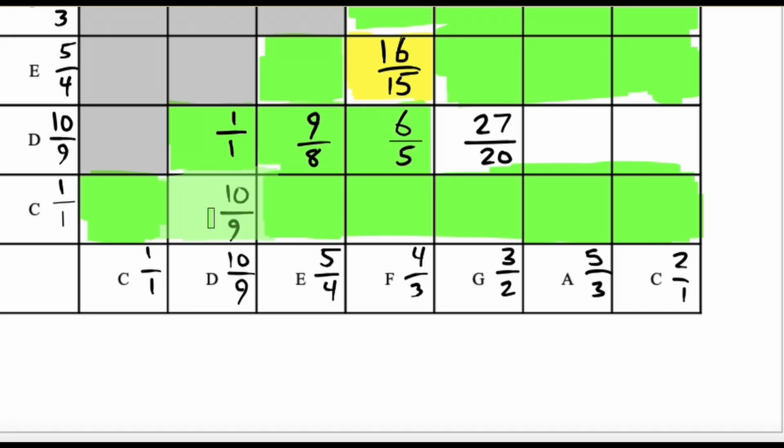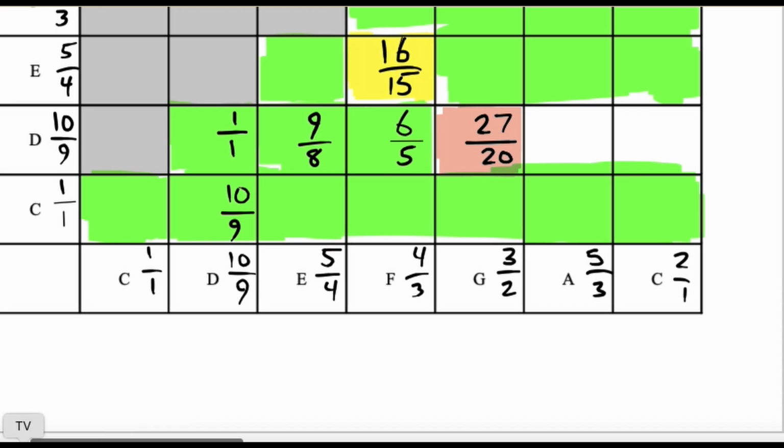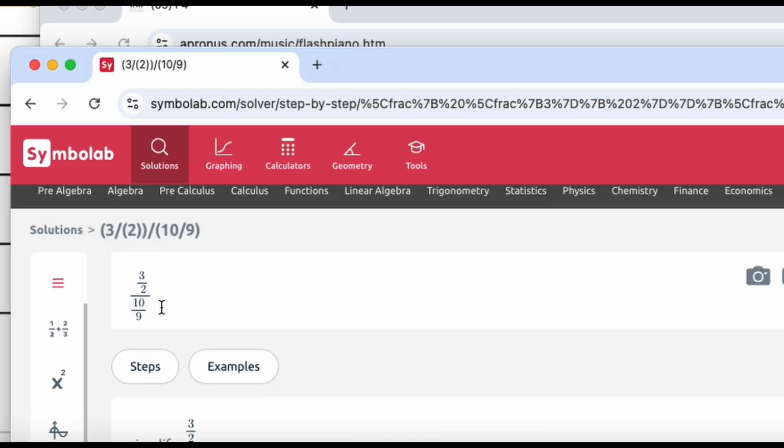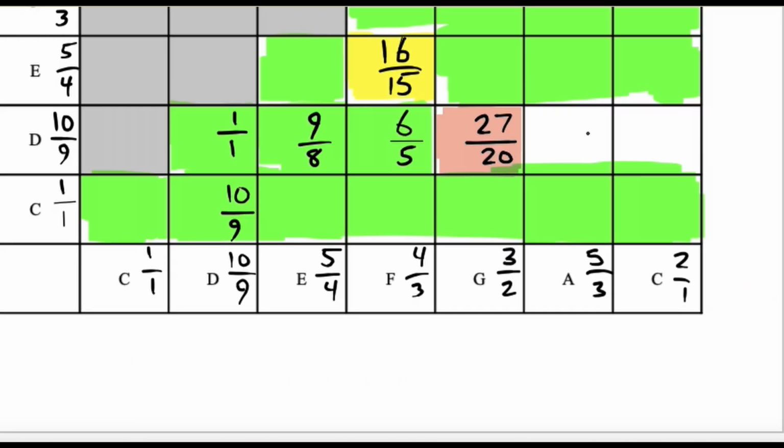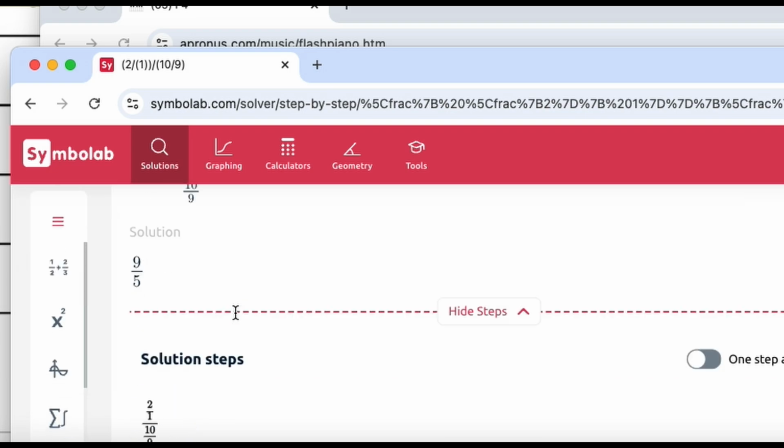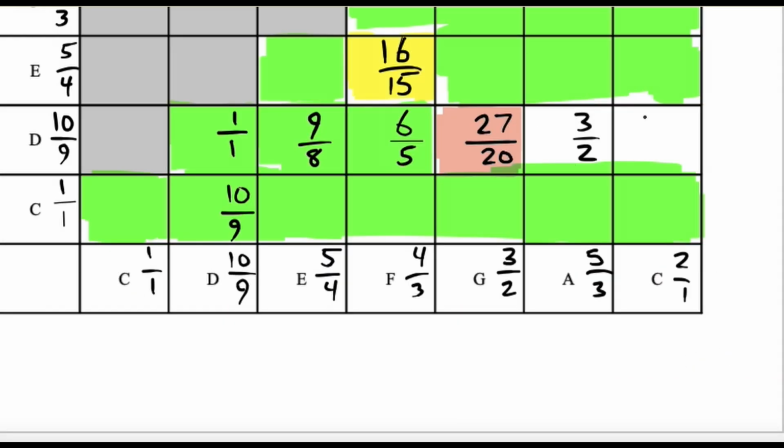This one's good. But this one is, in my opinion, bad. Then 5/3 over 10/9. 3/2, so that's fine. And then 2 over 10/9. 9/5. I would consider these good.